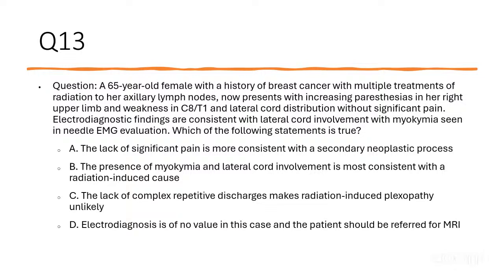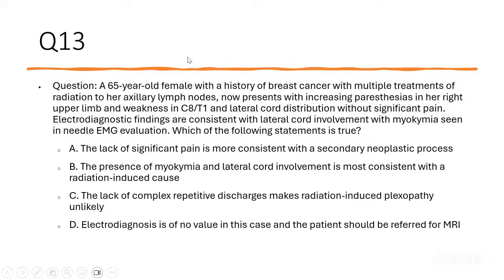Which of the following statements is correct? The lack of significant pain is more consistent with a secondary neoplastic process. Presence of myokymia and lateral cord involvement is most consistent with a radiation-induced cause. Lack of complex repetitive discharges makes radiation-induced plexopathy unlikely. Electrodiagnosis is of no value in this case.